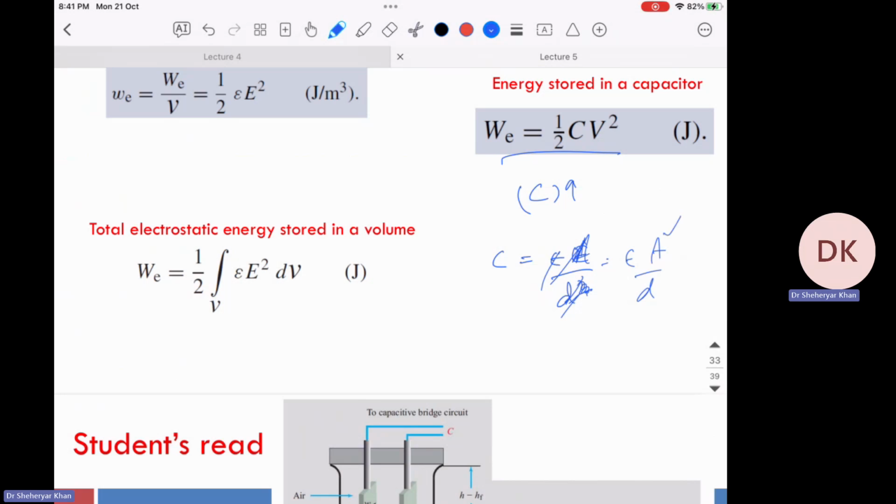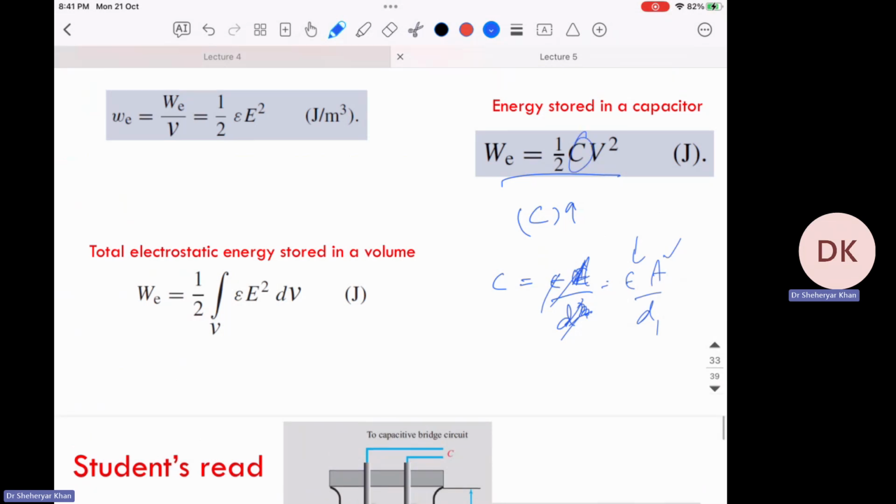So now you see the physical construction. You need a bigger area. You need a smaller separation. You need a good material, and then you can increase the C, right? Batteries do this with electrolysis. So you can combine the two physical demonstrations and put them into the form of a supercapacitor.